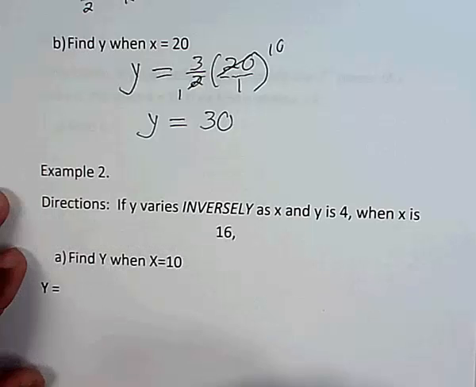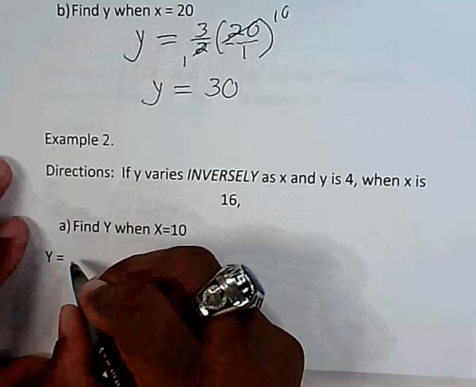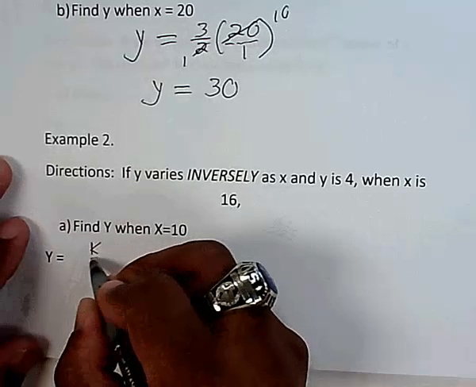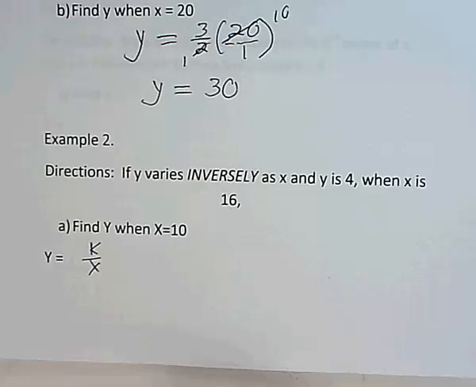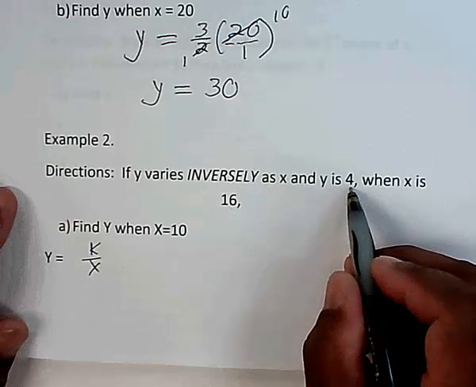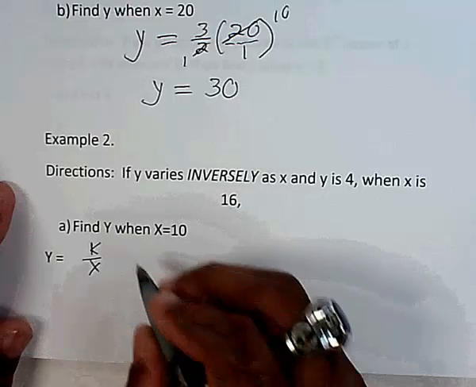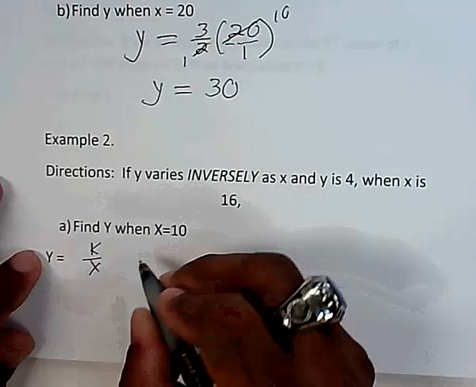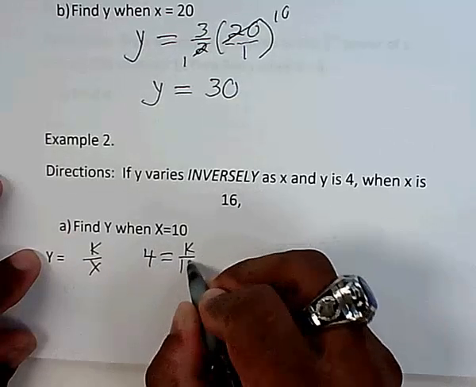Now remember, with inversely proportional, our equation is that y equals k over x. We are given that the value of y is 4, the value of x is 16, so I'm going to replace those variables with those values. So 4 equals k over 16.